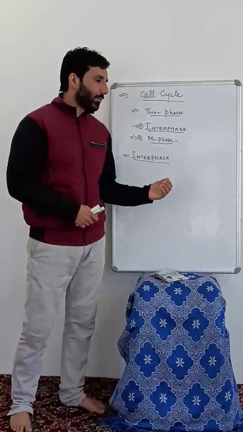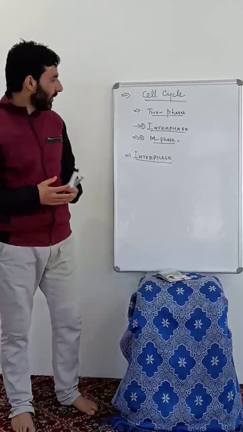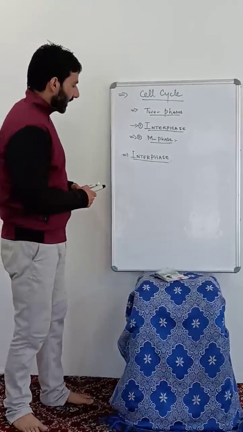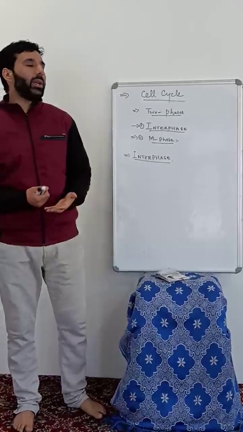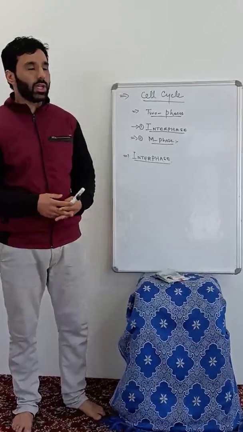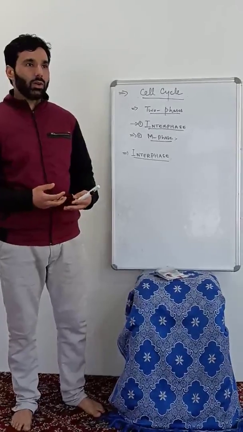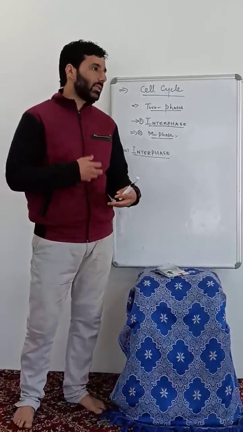Now, what is interphase? It is also called the preparatory phase of the cell cycle. This phase involves the preparation for the next phase, the M phase, that is the division of the cell.